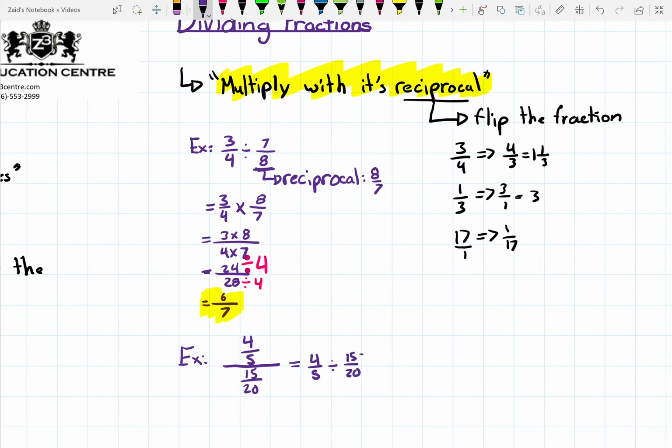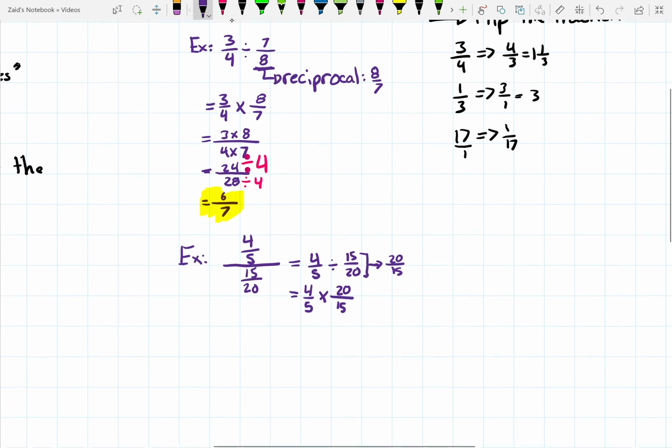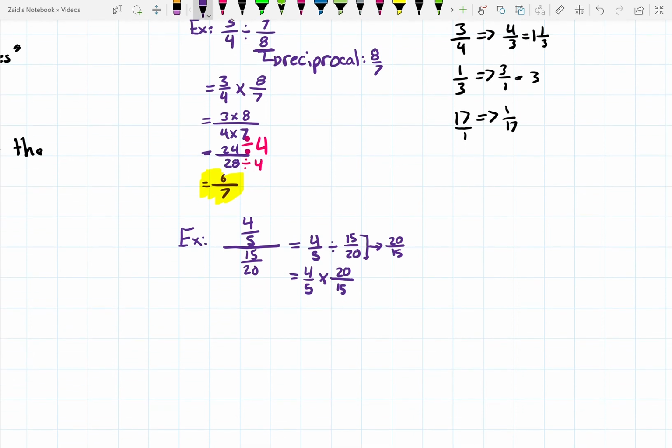Now we have to find the reciprocal of this, and we get 20 over 15. So when we multiply by its reciprocal, it would be 4 over 5 times 20 over 15. So we would multiply the numerators together and the denominators together, and we would get our numerator to be 80 and our denominator to be 75.